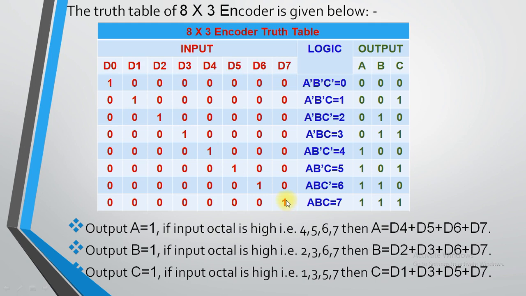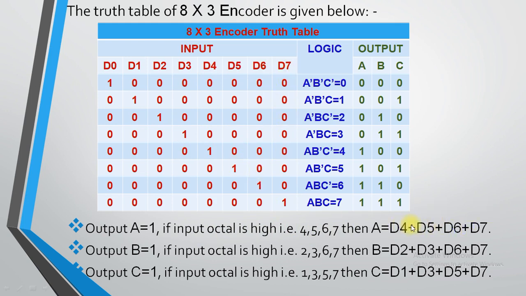Let me repeat this once again. I will get output line A when A equals to 1. Yes or no? Now A equals to 1 is there in which case? 4, 5, 6 and 7. So output A equals to 1 if input octal is high, that means 4, 5, 6, 7, or D4, D5, D6, D7.